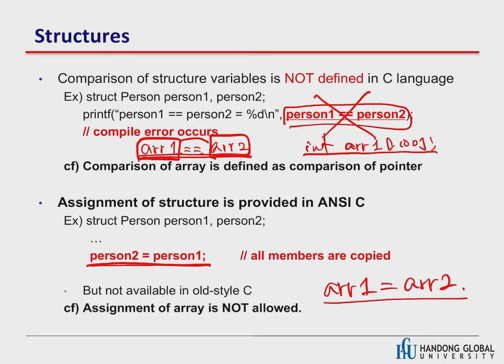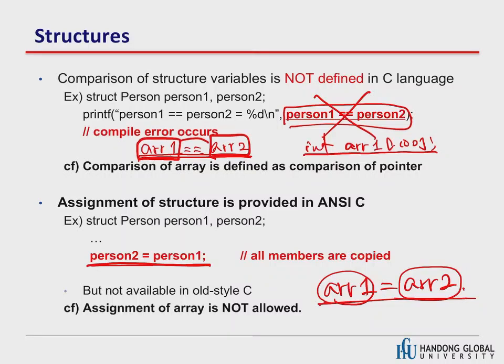What if C allowed you to do this? Then array1 would have the address that array2 is pointing to, which means array1 would give up its own memory space. Then there is no way to access the memory space that array1 was pointing to. So we are losing that memory space.